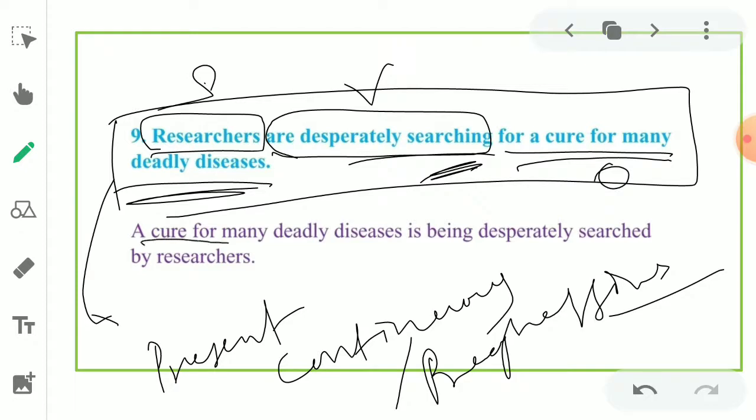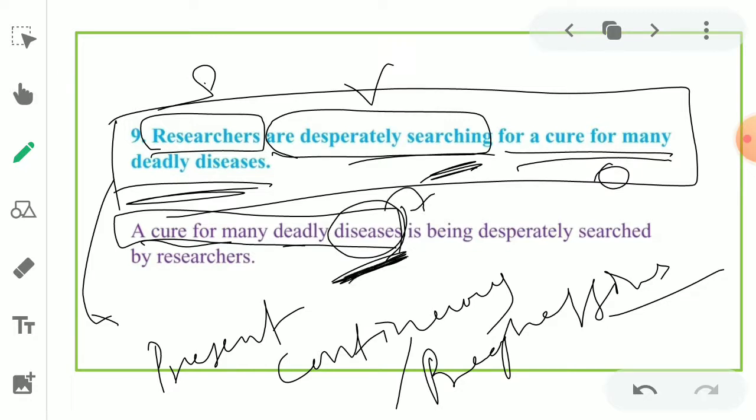Take a cure for many deadly diseases first as the subject of the passive. What people often do is look at the word nearest to the helping verb and select the helping verb based on it. That is wrong, because you have to check the whole phrase.